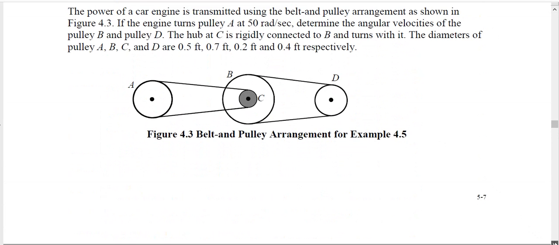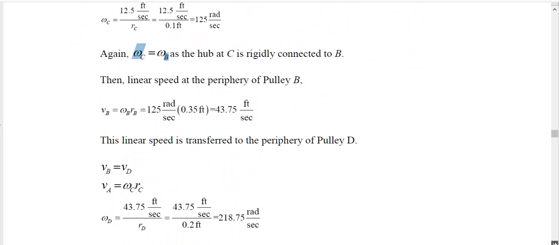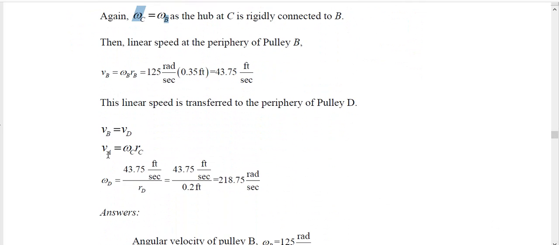So the linear velocities at B and D will be the same. Then I can find omega B RB equals omega D RD. I don't know if I need the equation VA omega C here; I do not need it, I don't know why I wrote it. But as I know my VB, I can find my omega D. So this is the theory.